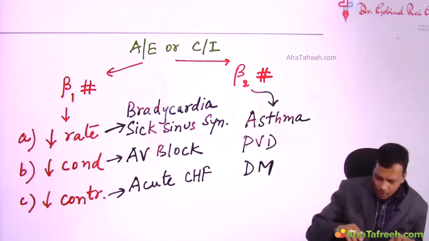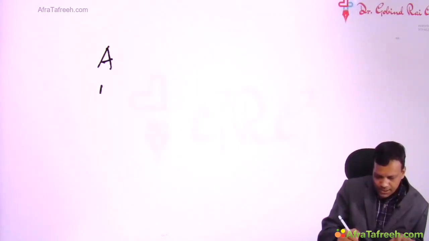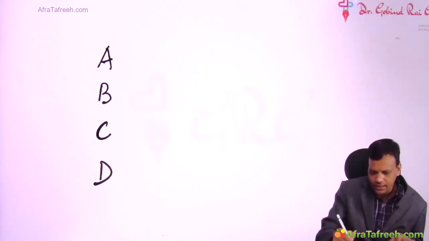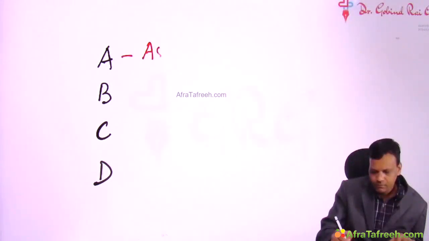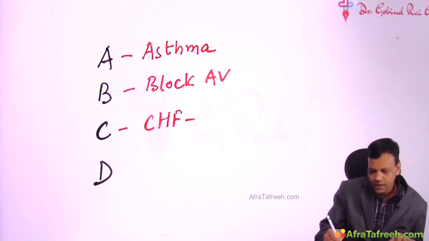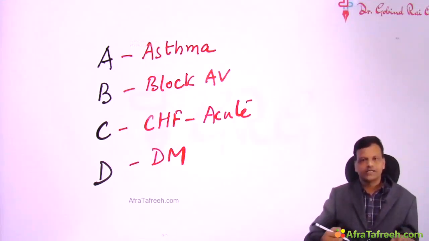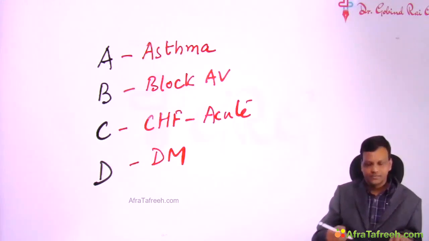So among these, the important ones which you must remember are A, B, C, D. Beta blockers are contraindicated in A, B, C, D. A for asthma, B for block, block means AV block, C for CHF, CHF means acute CHF, and D for diabetes. So beta blockers are contraindicated in asthma, AV block, acute CHF, and diabetes mellitus.